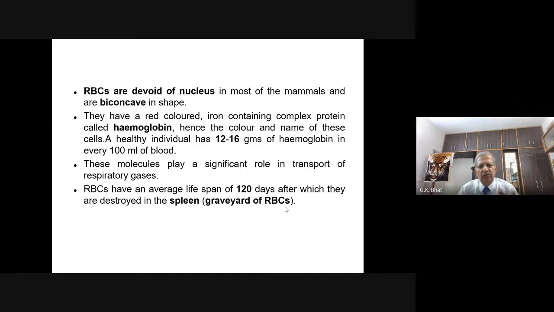You know that there is no substitute for human blood. Whenever a human being needs blood, only human blood has to be given. We cannot give the blood of a buffalo or a pig or a goat.